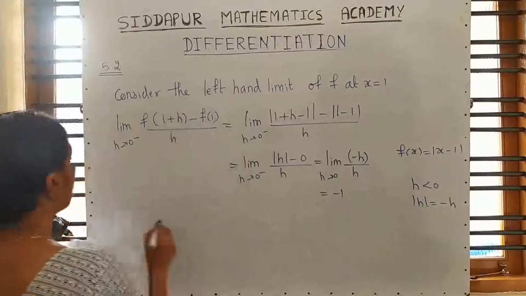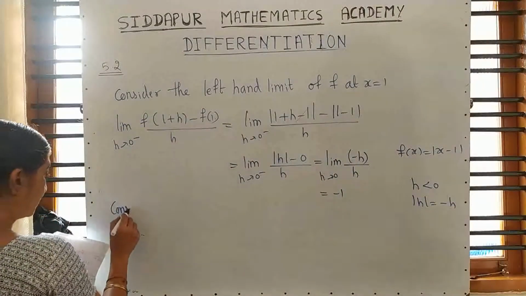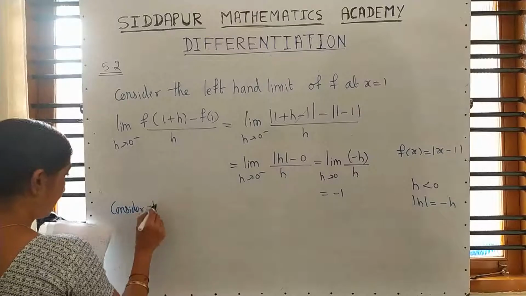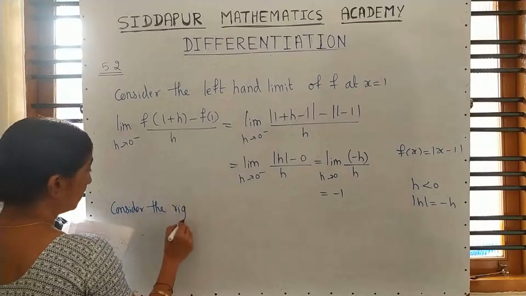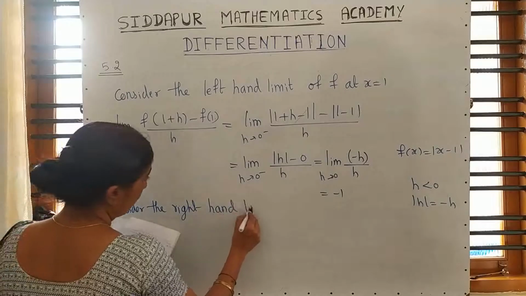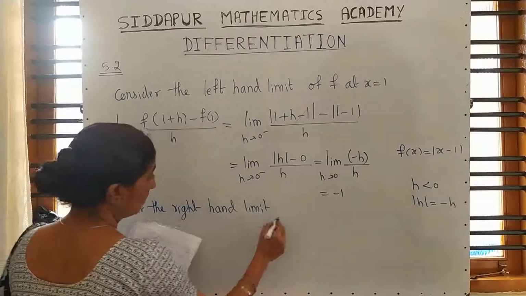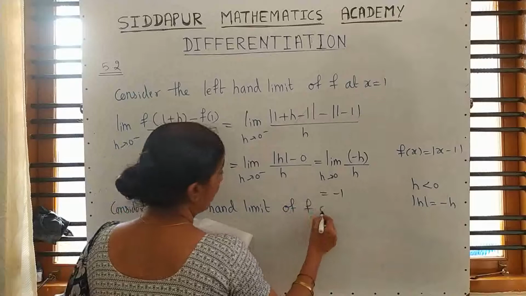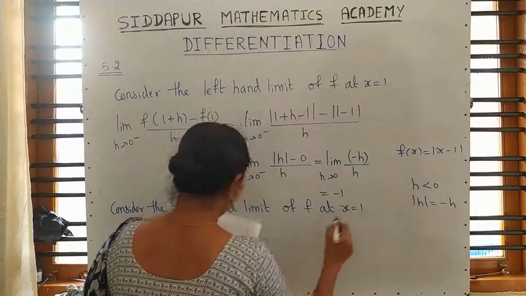And now consider the right hand limit at x is equal to 1.